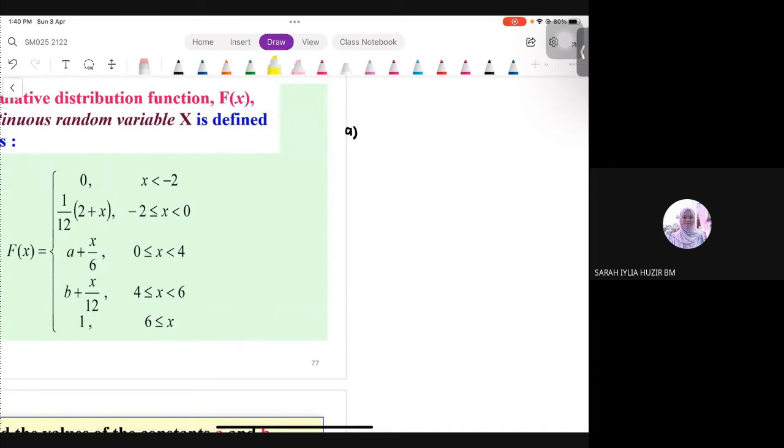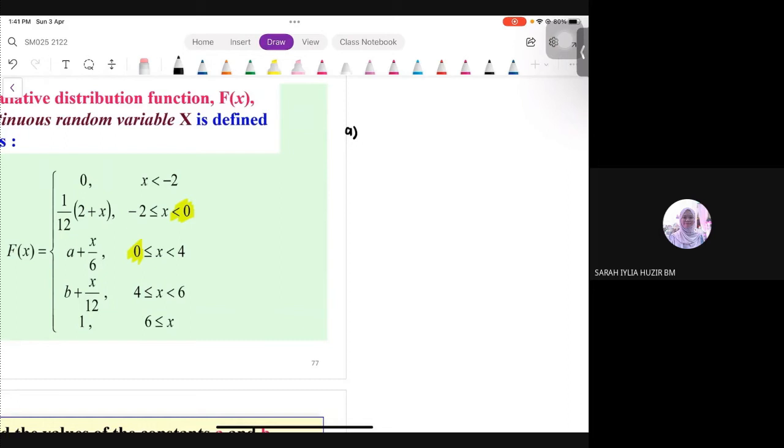Let's say the first one, I want to use the value 0. And 0 here lies in two different functions. But remember, since it's continuous, F(0) must be the same even though it lies in different ranges. What I mean here is that because this is continuous, our data is connected. So F(0) cumulative, even though it lies in two different ranges, has the same value.